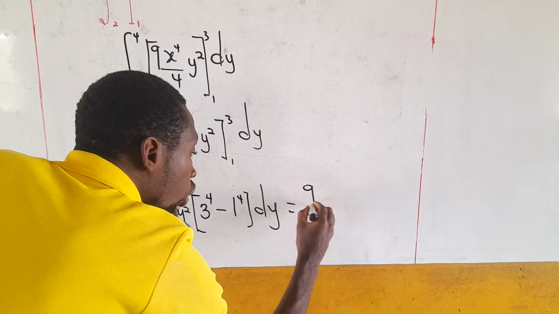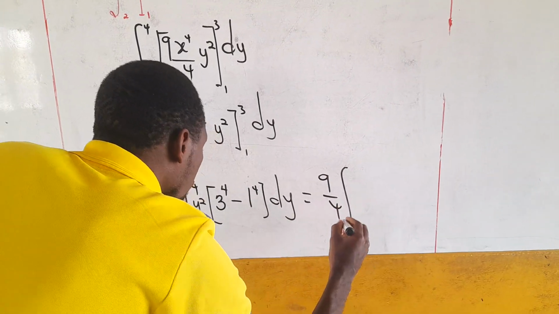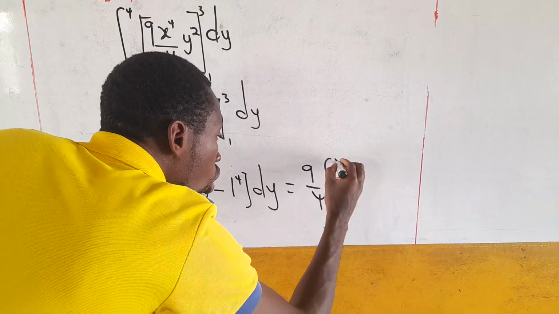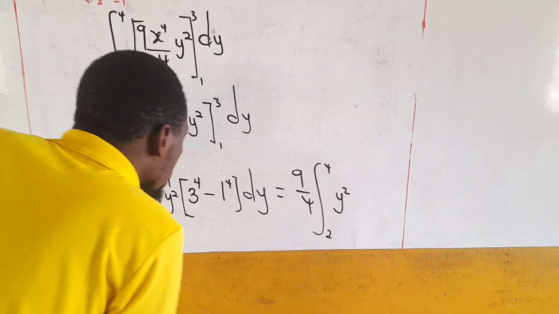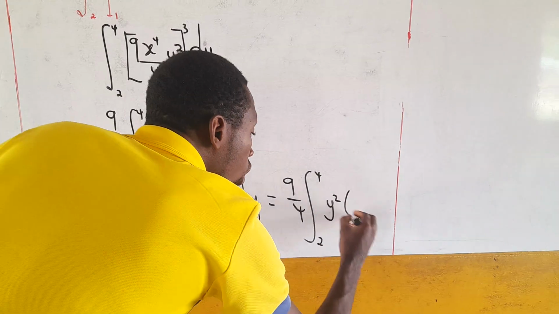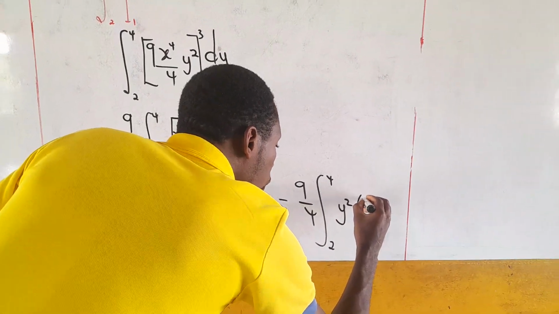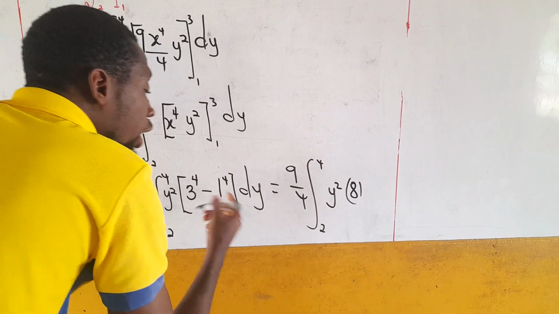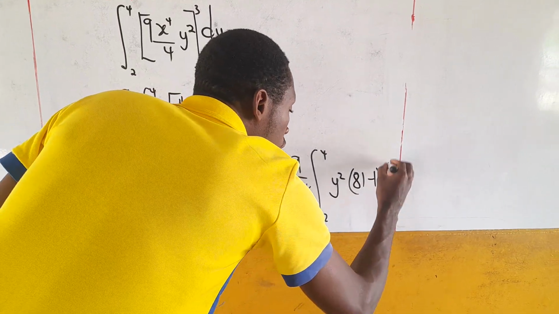This will be equal to 9 over 4, the integral from 2 to 4 of y squared times 3 exponent 4, which is 81, and 1 exponent 4 is 1, so minus 1 dy.